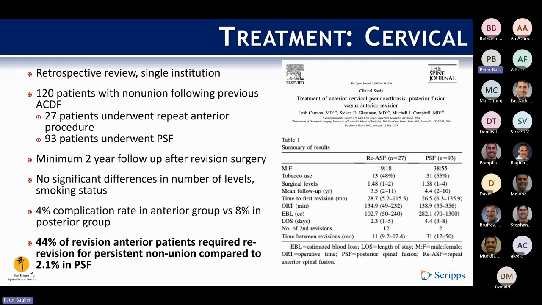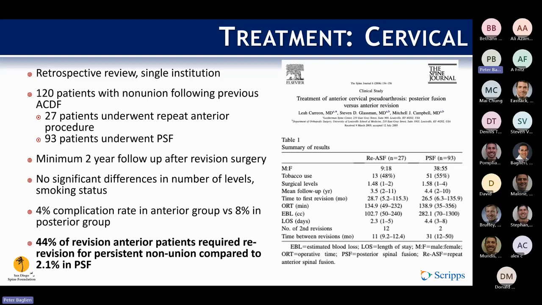So when these patients eventually do need surgery, what's the thought process for that? This was a cohort of 120 patients that underwent ACDF. 27 patients underwent repeat anterior procedure, 93% underwent posterior spinal fusion at a minimum 2-year follow-up after revision surgery.